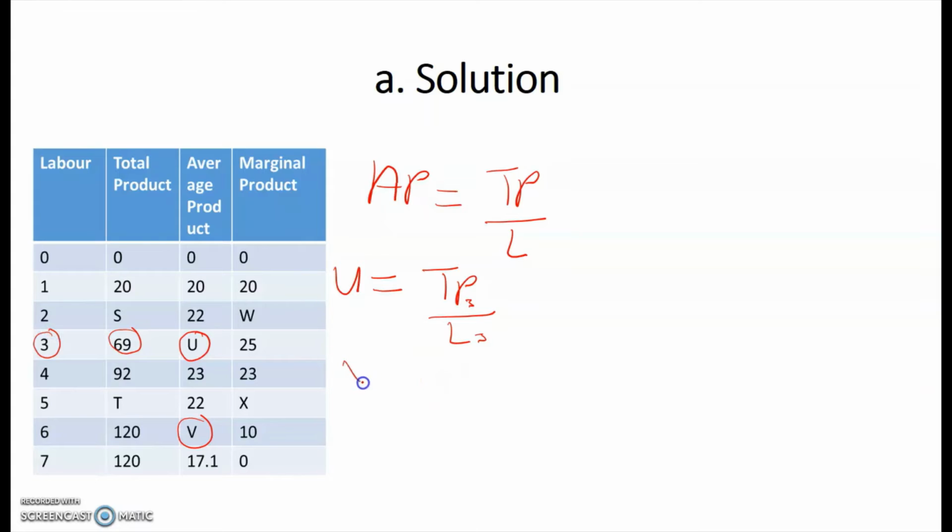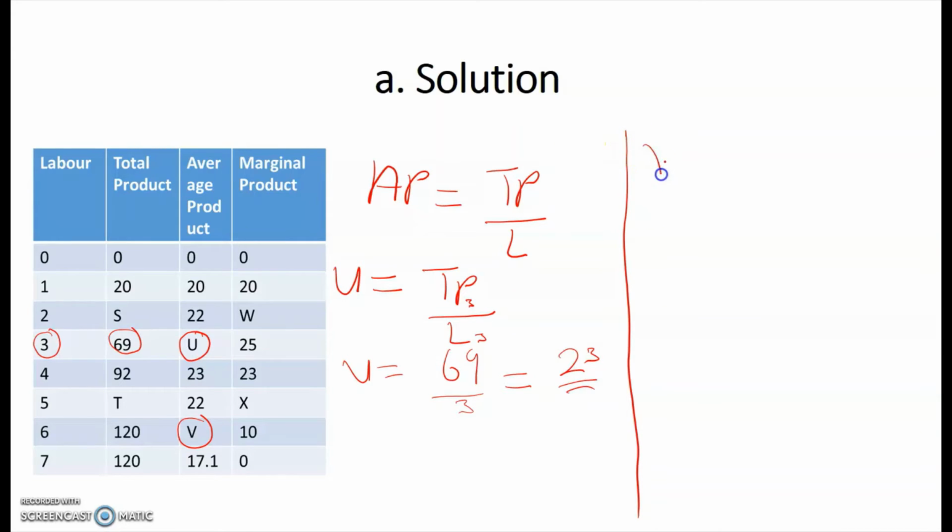So U will be equal to 69 over 3, which is equal to 23. That is for U. Then we solve for V.